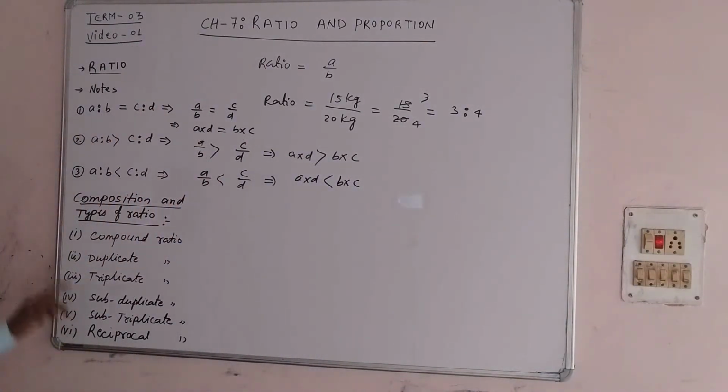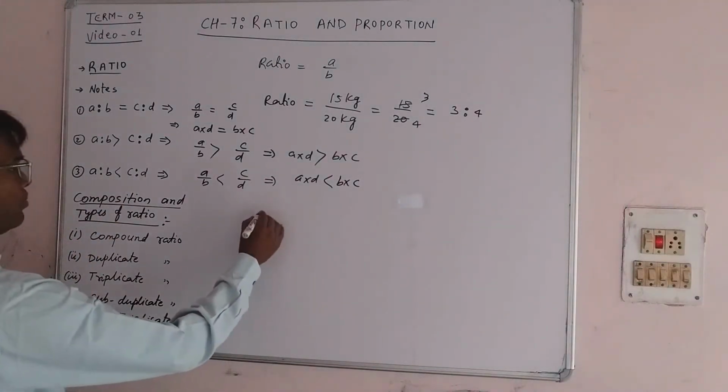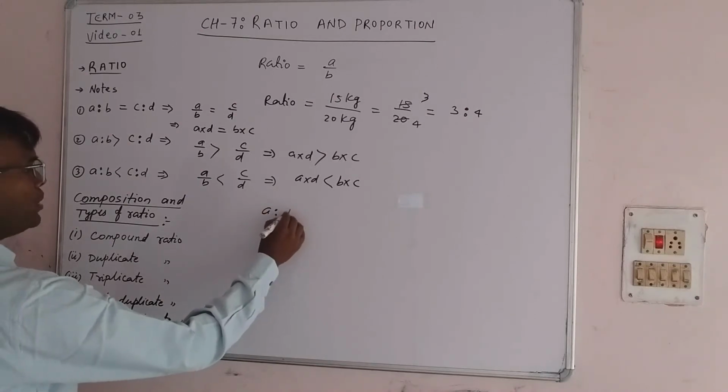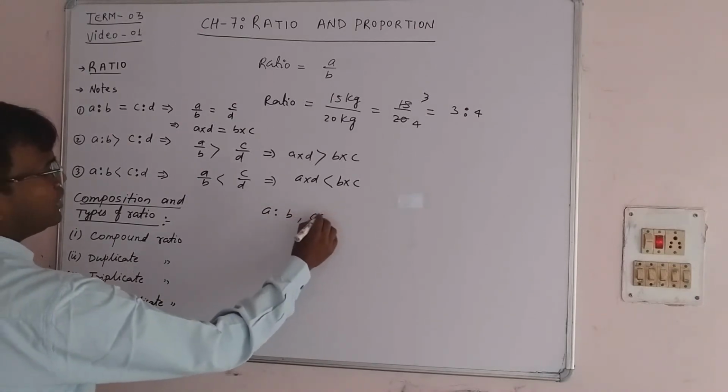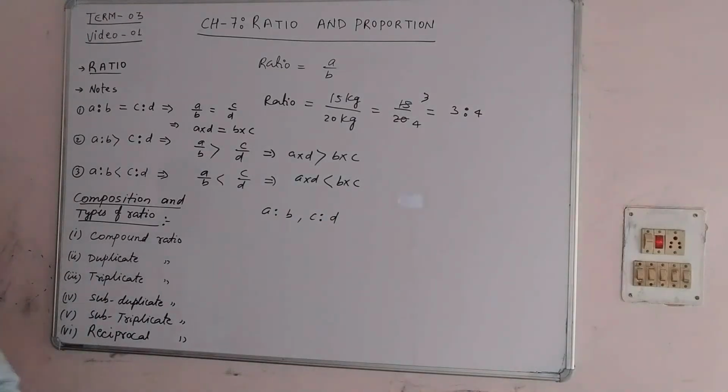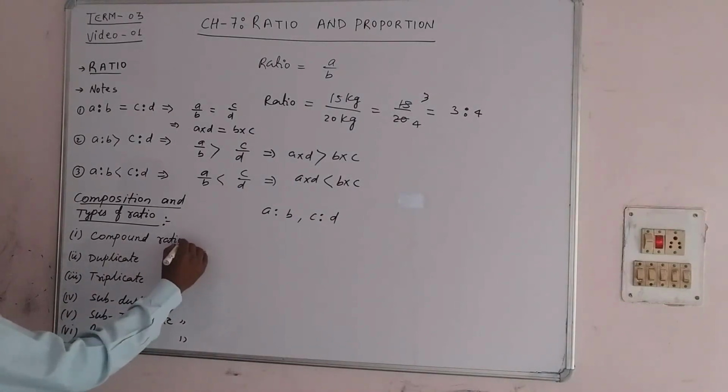Now the next point: the composition and types of ratio. Suppose A is to B and C is to D are given, and we have to find the compound ratio.